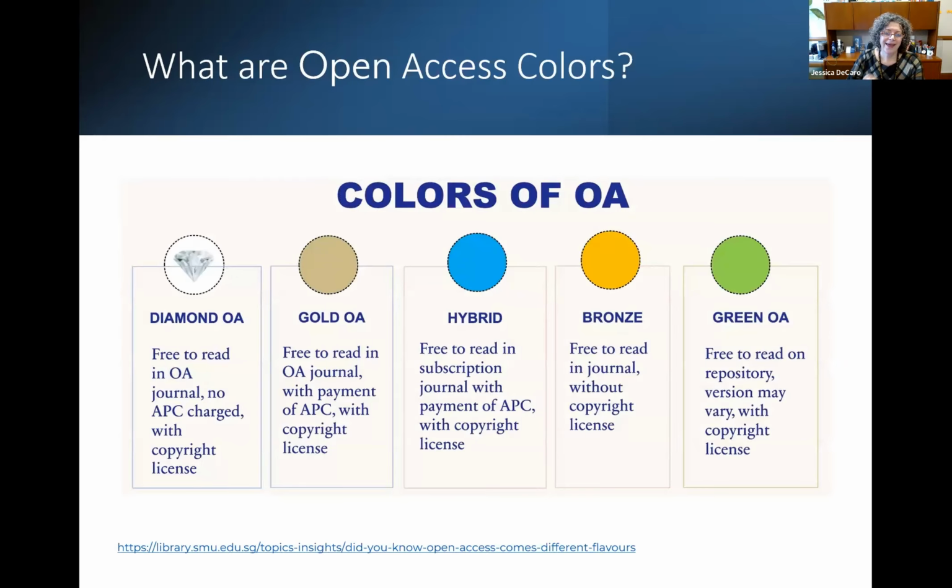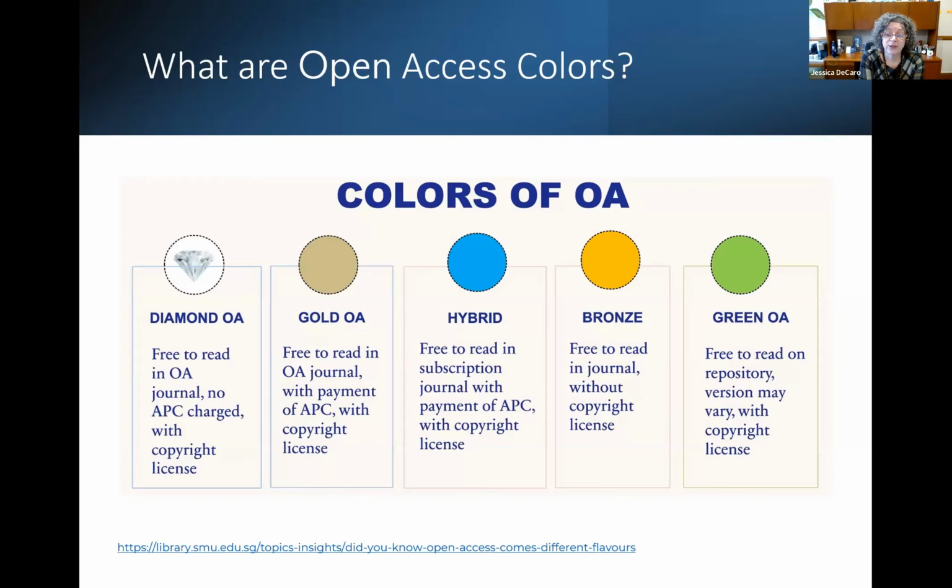So the colors of OA right now: we have Diamond OA, which is free to read in an OA journal. There's no APC charged. That's the author charges. And there's no copyright license. Gold OA is free to read in an OA journal with payment, typically of one of those APC fees, with the copyright license.